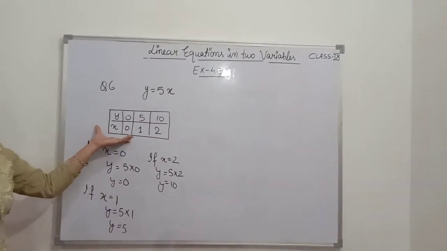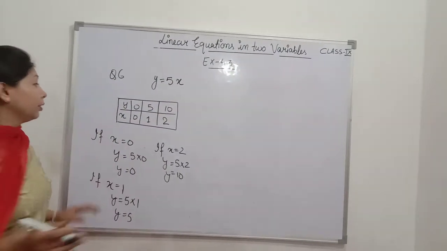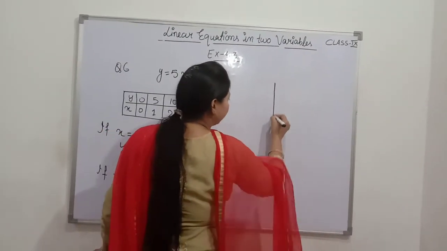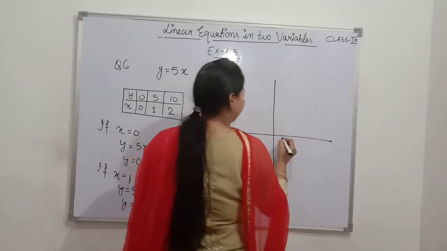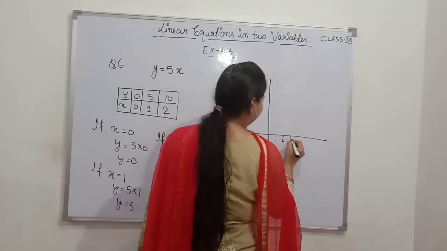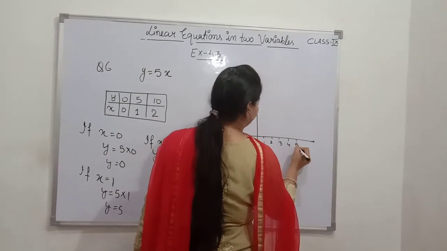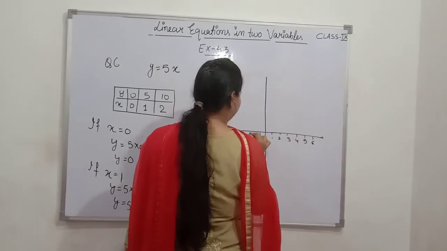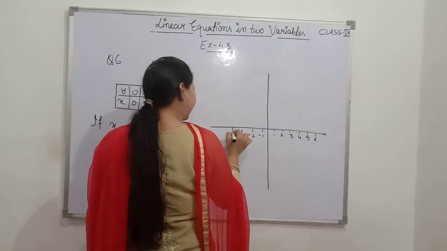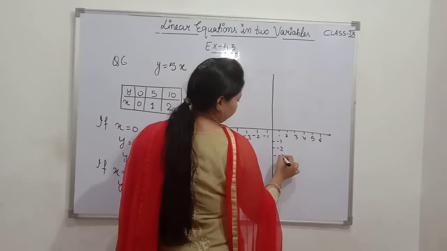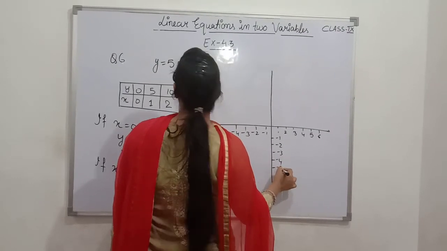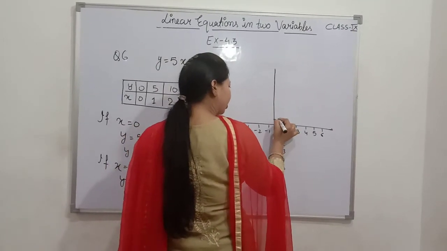Now I have to plot this solution box on the graph. So we will plot like this. We don't have a negative value, so I will not go much into the negative side.